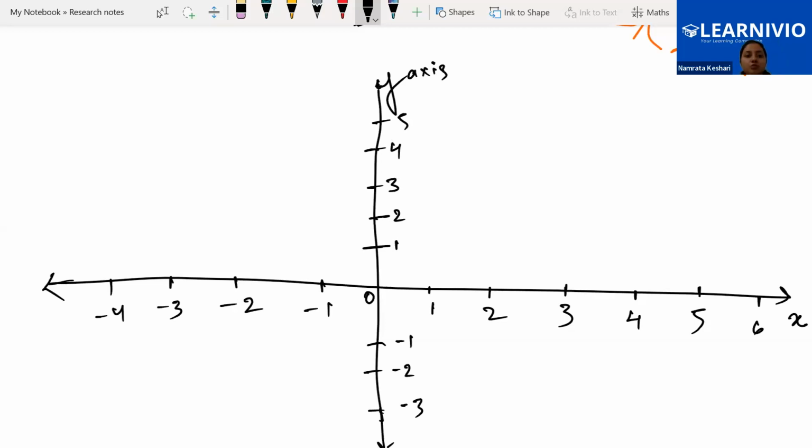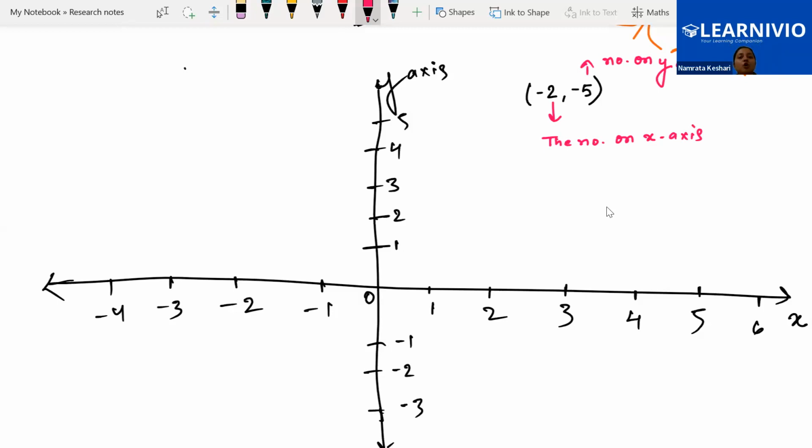If we have to locate -2, -5, how are we going to locate that? Whenever we have a point, we need to understand that the first number represents the number on the x-axis, and the other one represents the number on the y-axis. The first one is the number on the x-axis and the next one is the number on the y-axis.